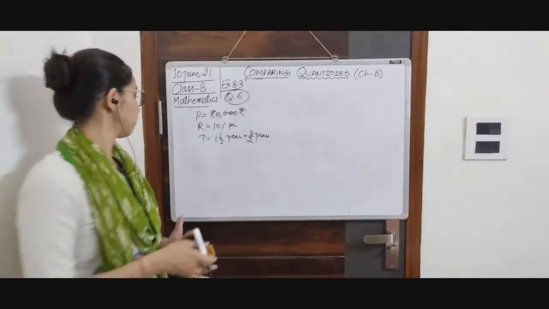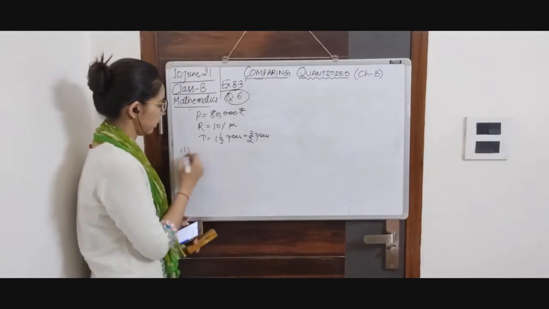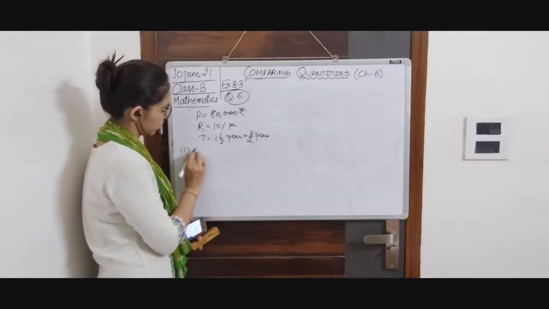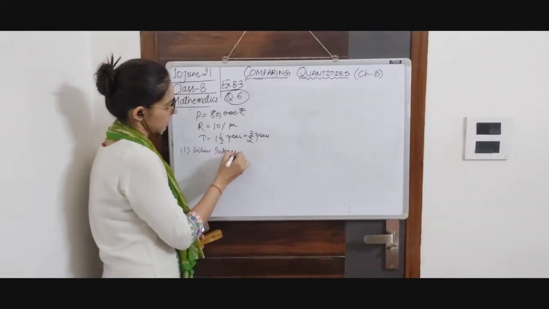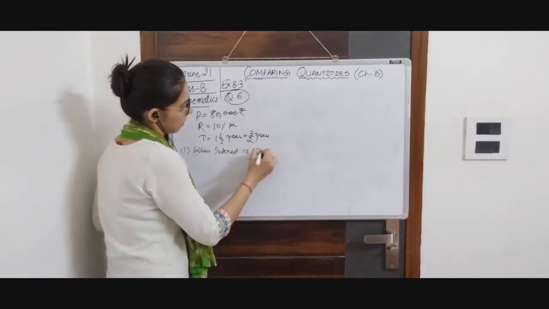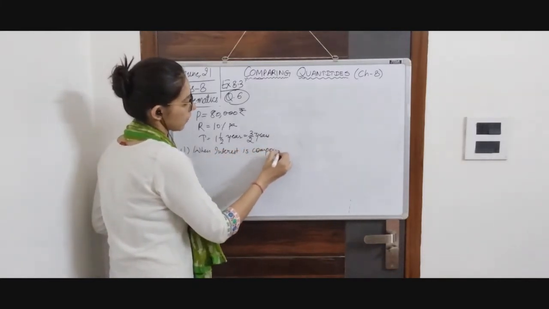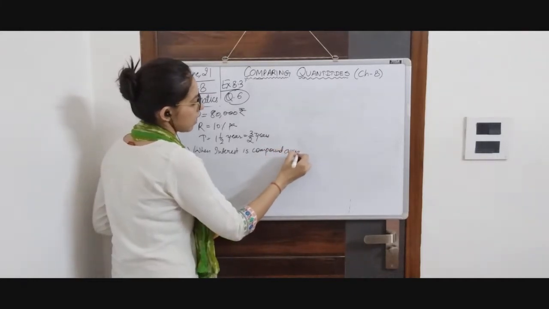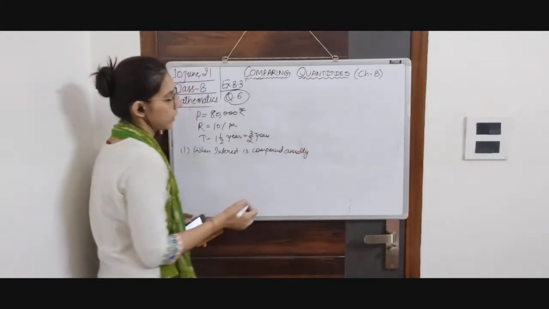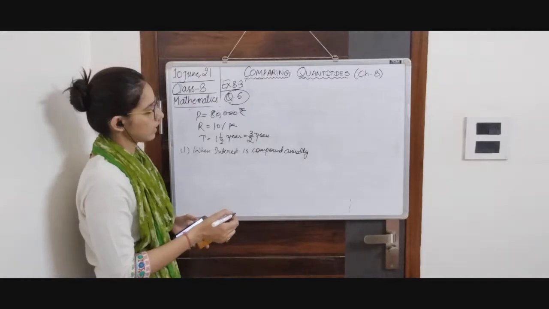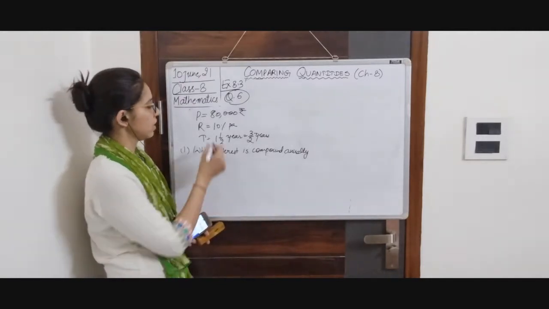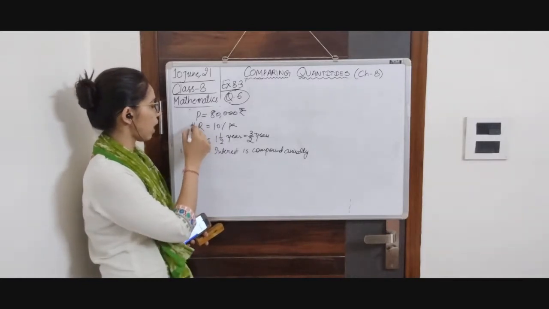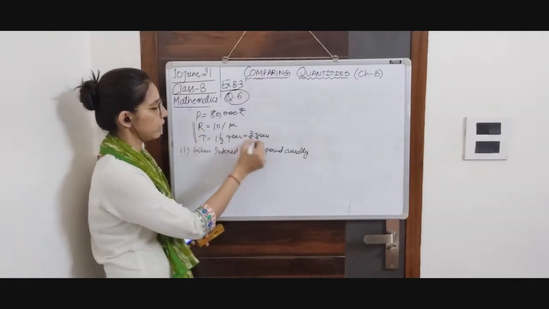First we will calculate when interest is compounded annually. If interest is calculated annually after 1 year, which means the conversion time is 1 year, so we don't need to change R or T because they are already in years.